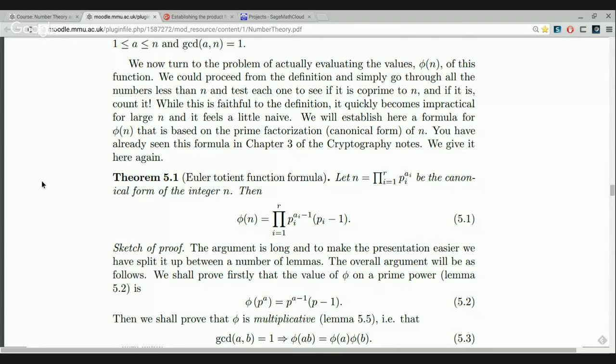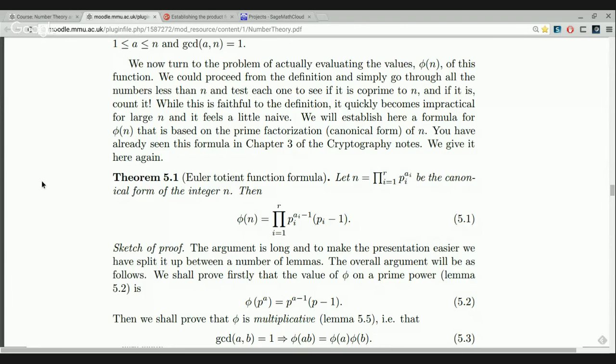But when we use the term multiplicative in number theory, we mean a function that behaves like this under the assumption that a and b are co-prime to one another, so it's not just any old a and b. Co-prime means a and b don't share any common divisors apart from 1.